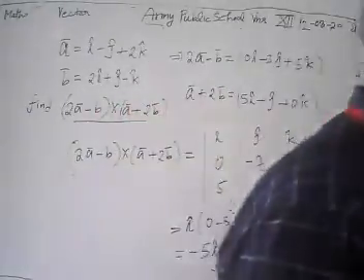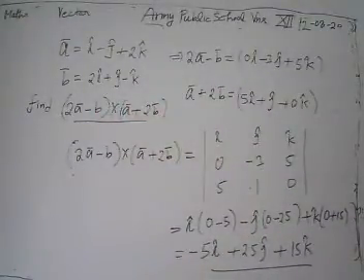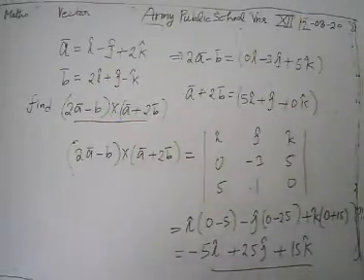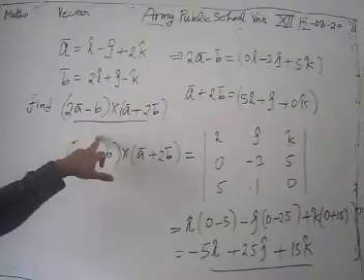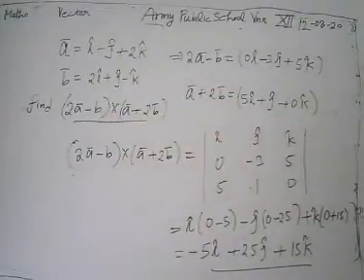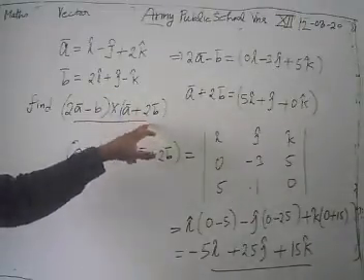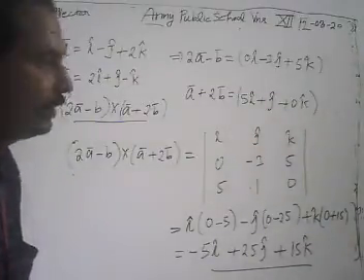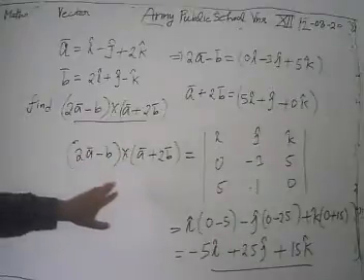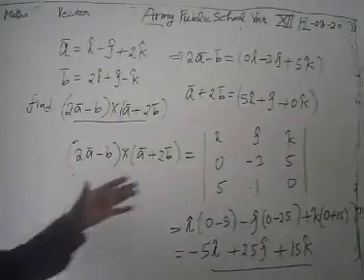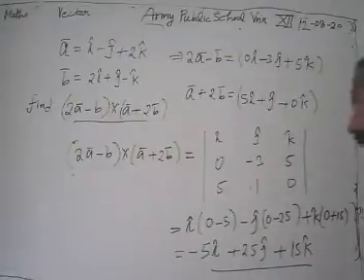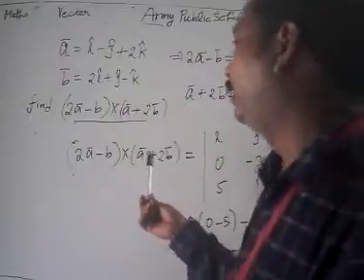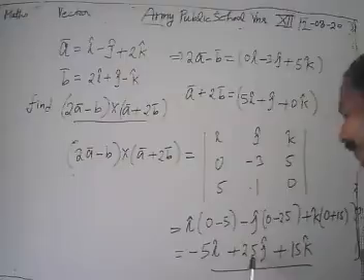So first of all, we are given two vectors A and B, and we have to find 2 times vector A minus B cross vector A plus 2 times vector B. We get 2 times vector A minus B as 0i cap minus 3j cap plus 5k cap, and vector A plus 2B as 5i cap plus j cap plus 0k cap. Then we take the cross product using determinants, putting in the coefficients, and after expanding we get minus 5i cap plus 25j cap plus 15k cap.